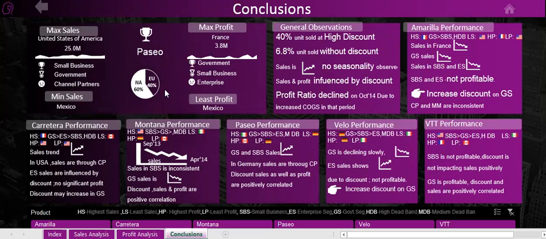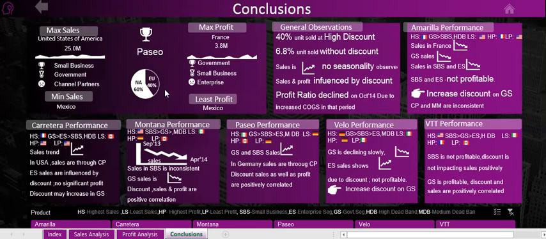In general, we see that 40% of units are sold under a high discount, and only 6.7% of units are sold without any discount. Sales is in a rising trend, and sales and profit are influenced by discount. Amarilla product performance shows that the highest selling country is France, but sales in France are declining because the majority of selling happened in the government segment, which is declining.